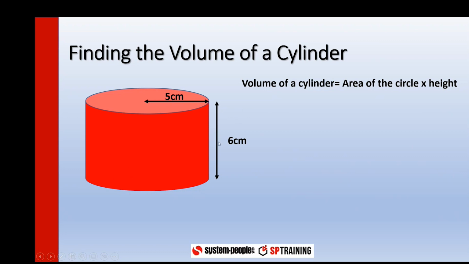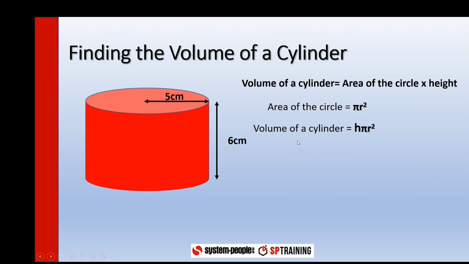And we also need the height, because we find the area of the circle at one end and then multiply it by the height of the cylinder. So the area of the circle, as we've seen before, is pi r squared. Pi being 3.14 in this case, times the radius times itself.